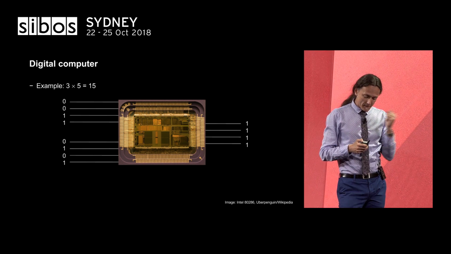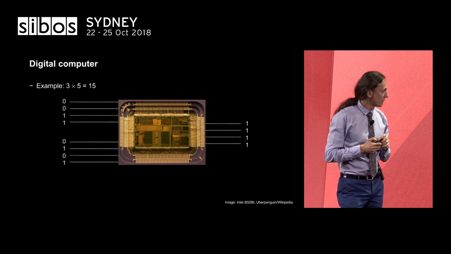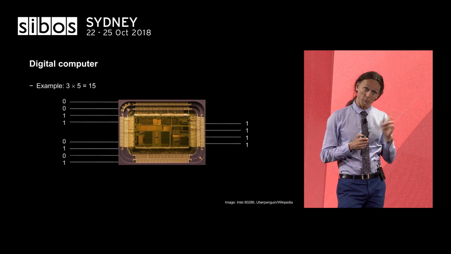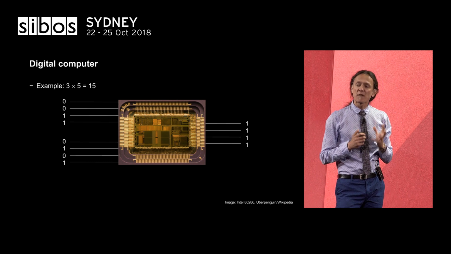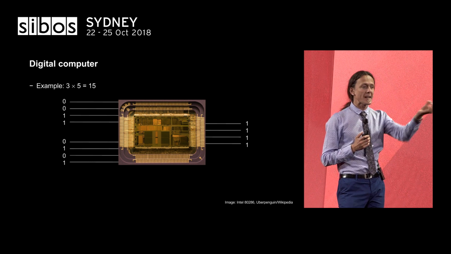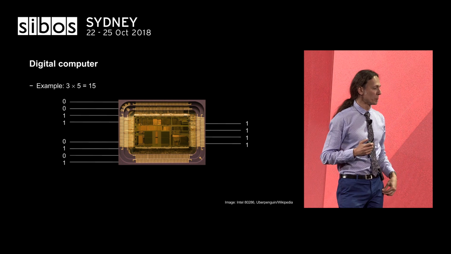Now, as the great Rolf Landauer, one of the fathers of information theory, both classical and quantum, famously said, information is physical. So if I say I have a 0 in my computer, what does that actually mean? That 0 is a physical reality.